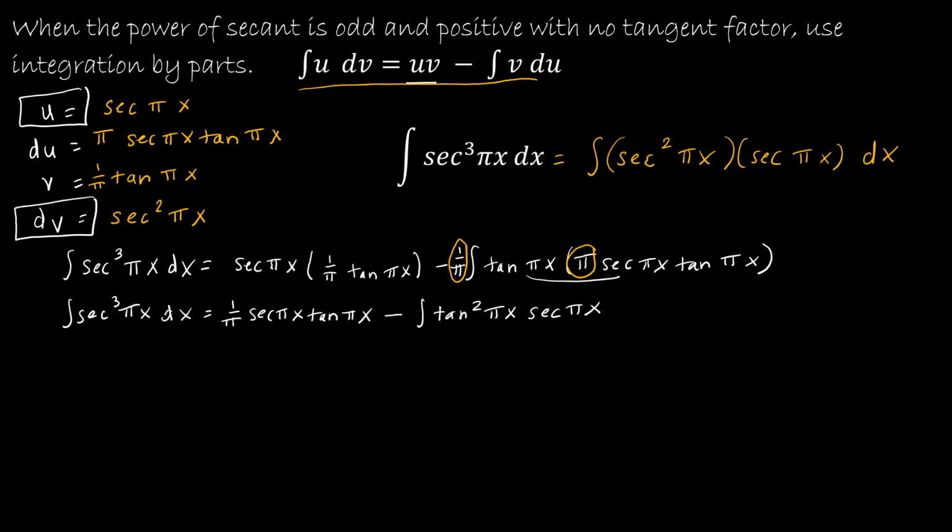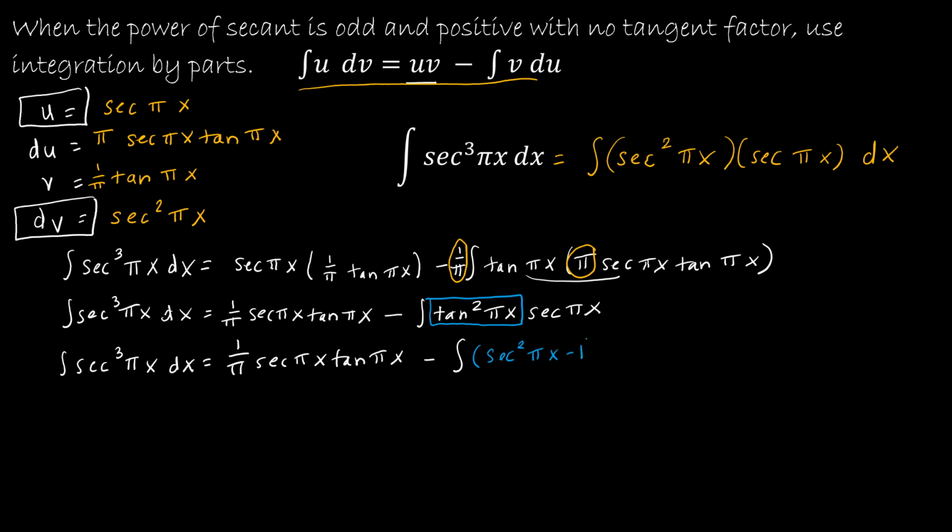Just as I did on my last example, I'm going to replace tangent squared pi x, and so I have secant cubed pi x dx is equal to 1 over pi secant pi x tangent pi x, and then I have minus the integral, and tangent squared pi x is going to be replaced with secant squared pi x minus 1, and then I still have secant pi x.